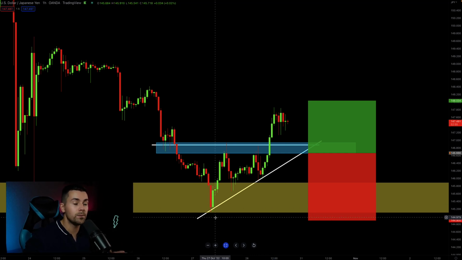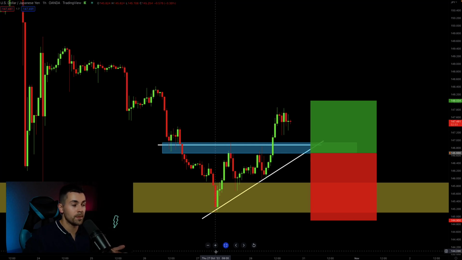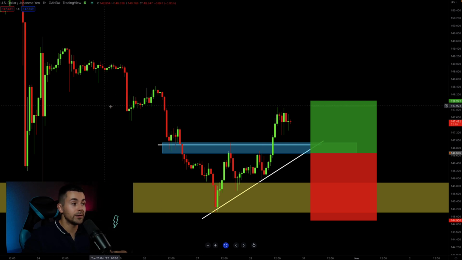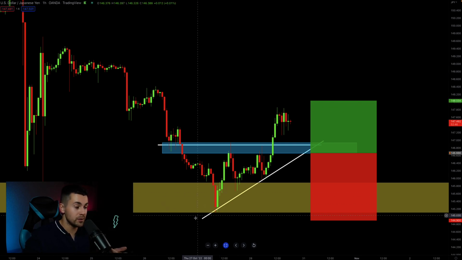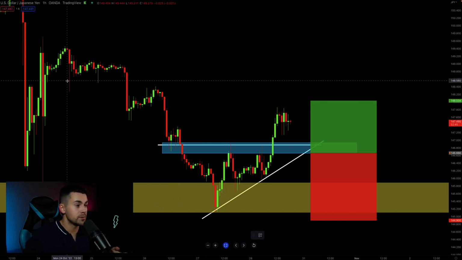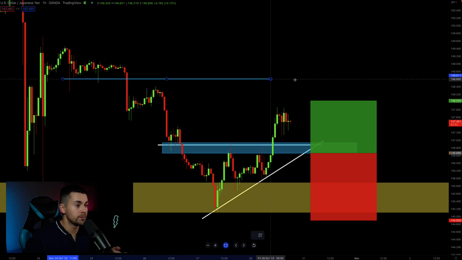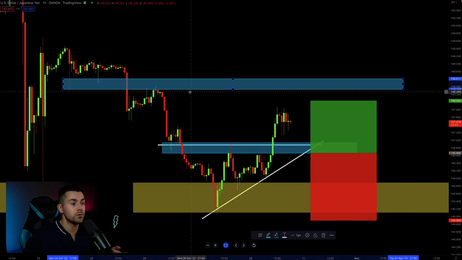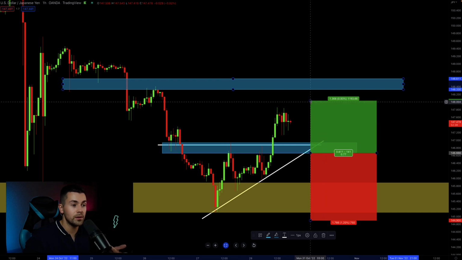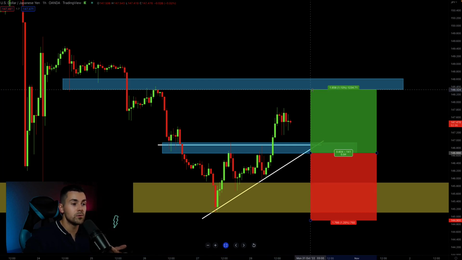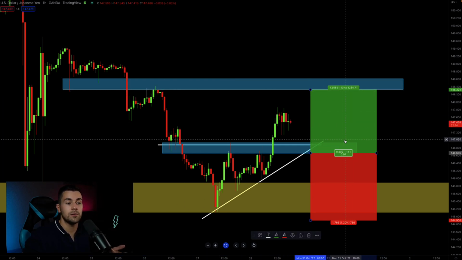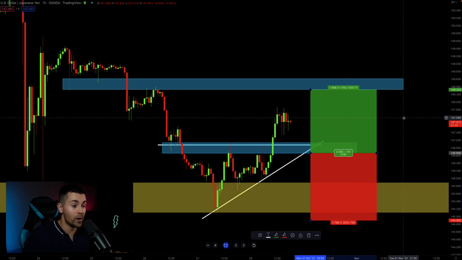Where will be our target? For targets, we always look left and check the closest key levels. And you can see, traders, that, for example, right here, we have a very peculiar structure, a very strong key level. But measuring risk to reward, you can see that here we have negative risk to reward, below 1.